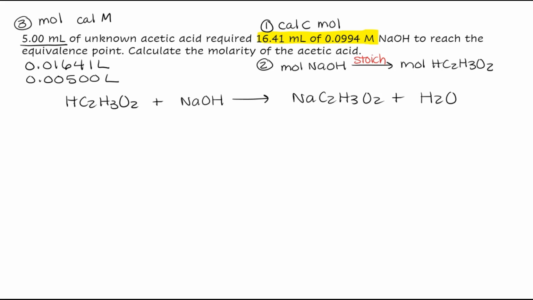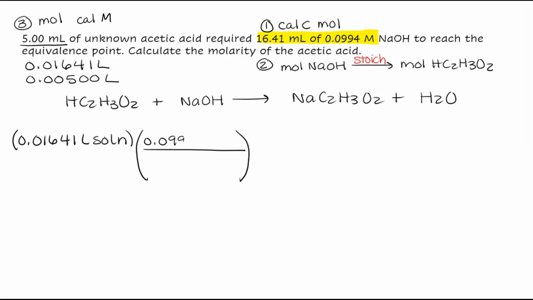So to start this calculation, we have 0.01641 liters of solution. We then apply the molarity of the NaOH, 0.0994 moles of NaOH over liters of solution.